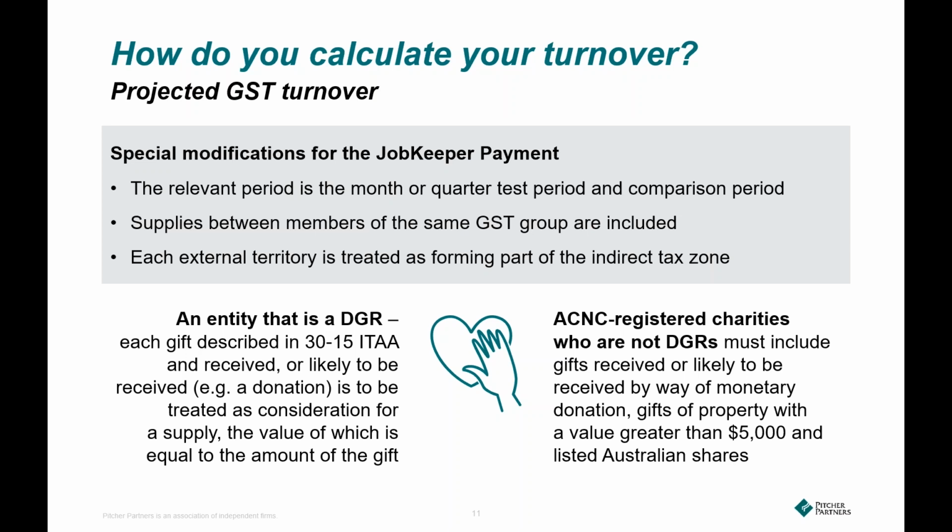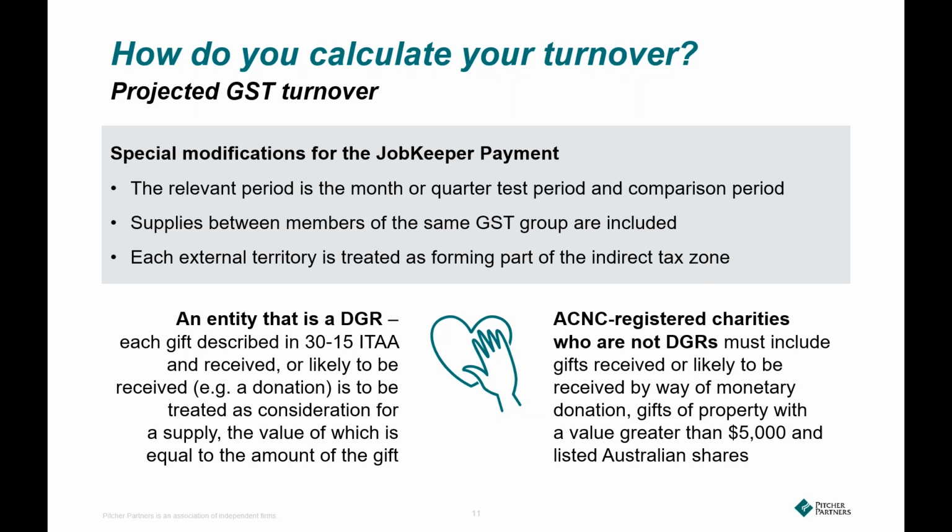But that's different for JobKeeper purposes. For whatever reason, the government has decided that the GST turnover must be considered on an individual entity basis, even for entities that are members of a GST group.